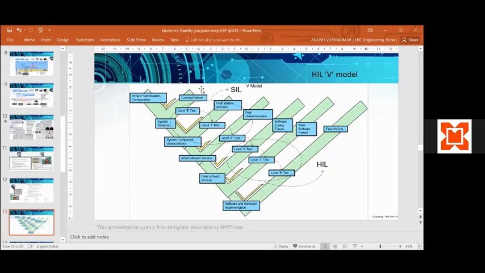We cannot develop the model in a quick span of time. It needs maturity, it needs a lot of accuracy. Each and every aggregate needs to be parameterized, taking from a steering system, a brake system, or a suspension system, and the chassis.